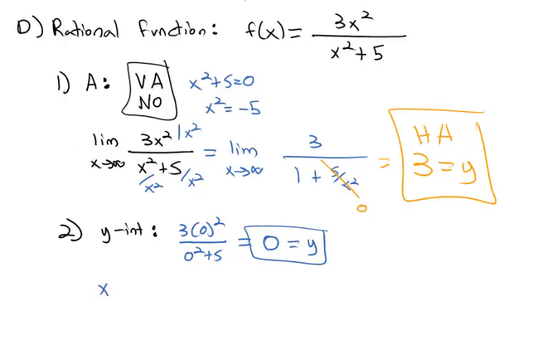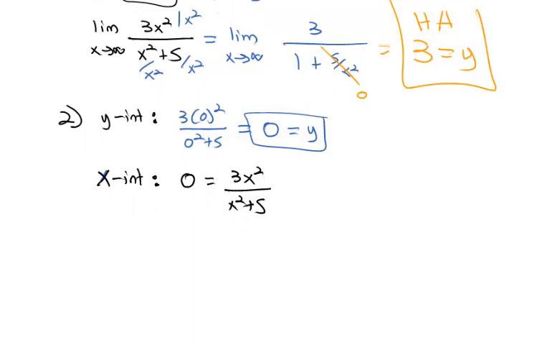The other intercept, if it's not too bad, is the x-intercept. And this one we can do. We make everything equal to 0. 3x squared over x squared plus 5. And that's nice because when we multiply by the denominator, x squared plus 5, we get 0 equals 3x squared.